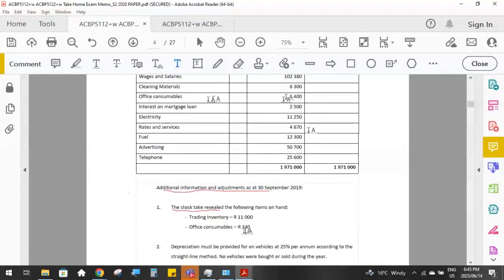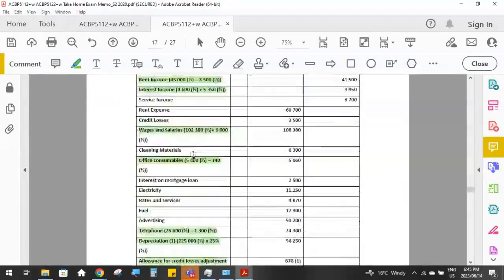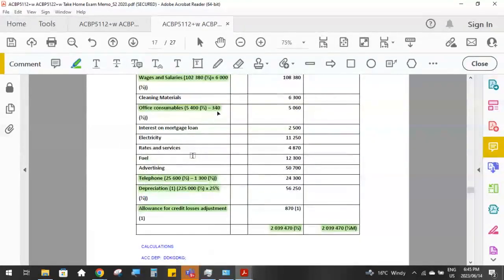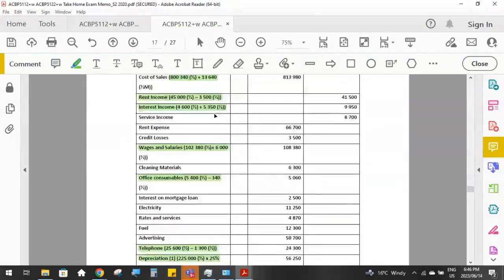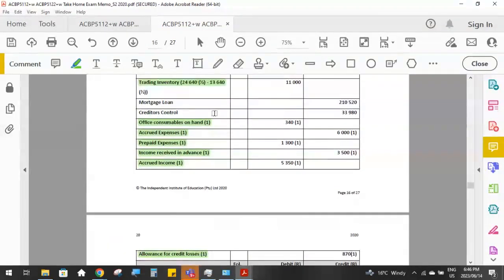So if we haven't used it, we can't record it as an expense in this current financial year. We have to take it out of this expense account, which means I have to credit the expense account office consumables. So if I'm going to credit my expense account, I've got to debit something else with the 340. And what is that going to be? That is office consumables on hand.